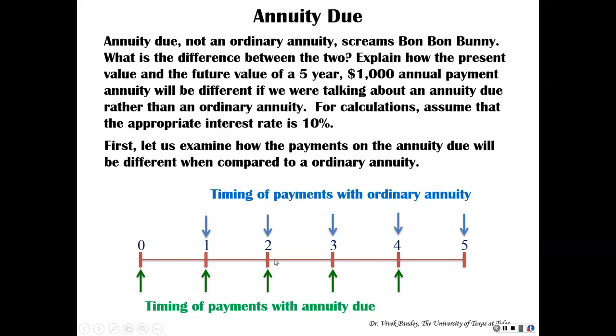And it's going to be the same for present value, because in present value calculations, we don't compound, but we discount, right? So we are going to have one less period of discounting for an annuity due, and the present value of an annuity due will also be larger by one interest payment for each payment.